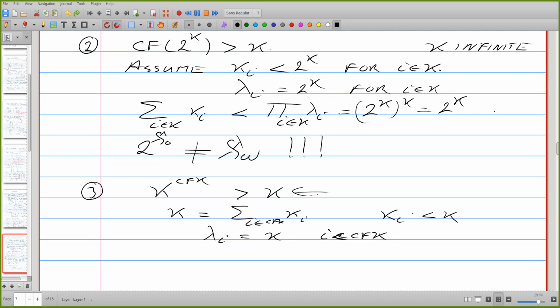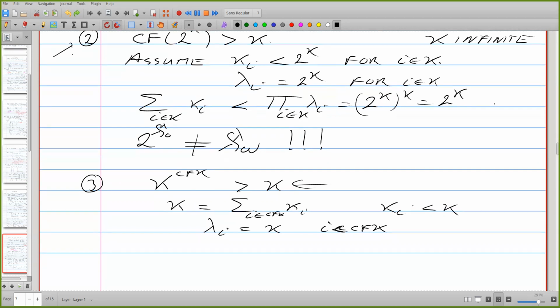So the important inequalities that we have, and the one that we got, number 2, are all special cases of Koenig's theorem.